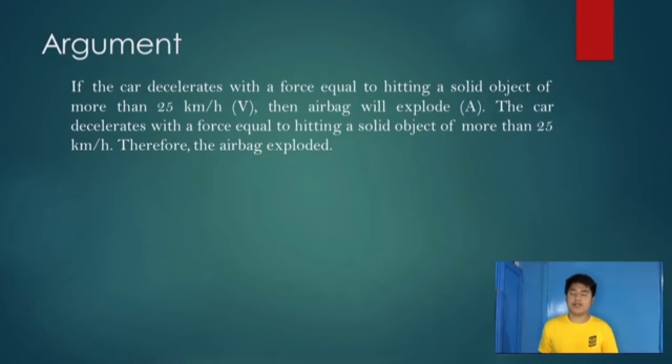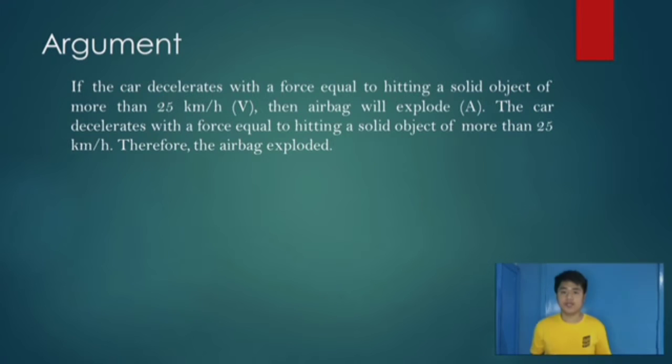If the car decelerates with a force equal to hitting a solid object of more than 25 kilometers per hour, then the airbag will explode. The car decelerates with a force equal to hitting a solid object of more than 25 kilometers per hour, therefore the airbag explodes.